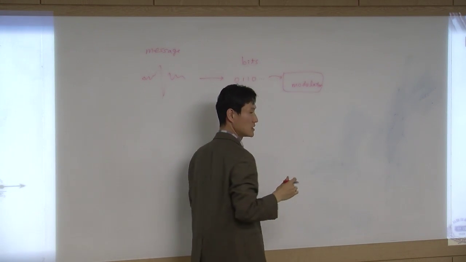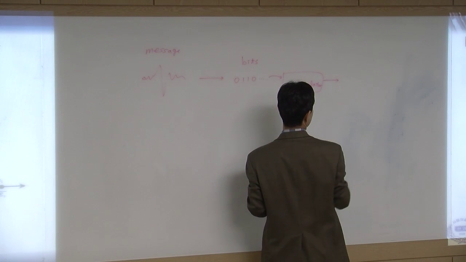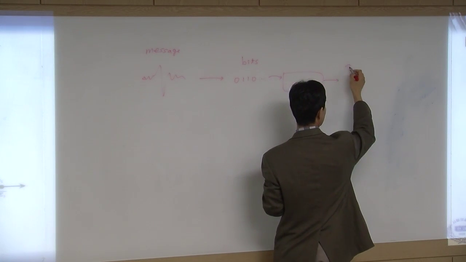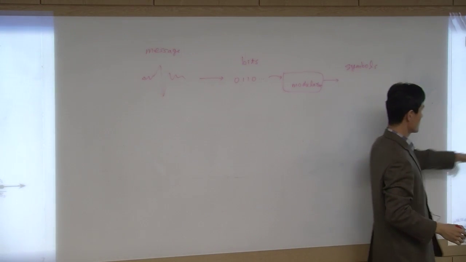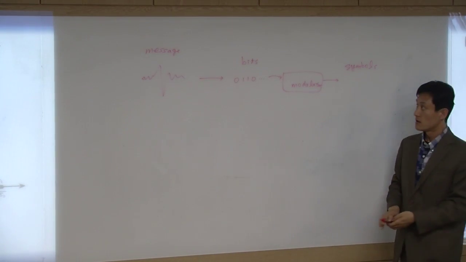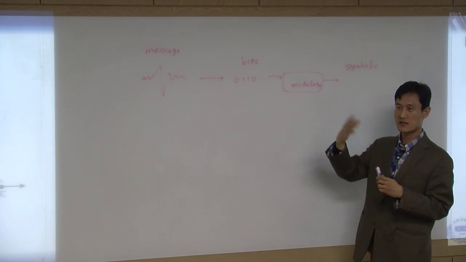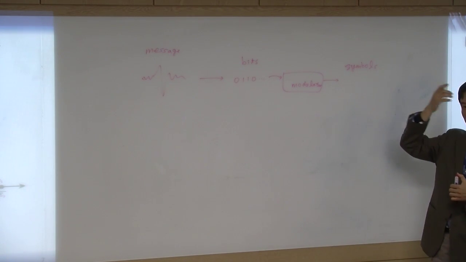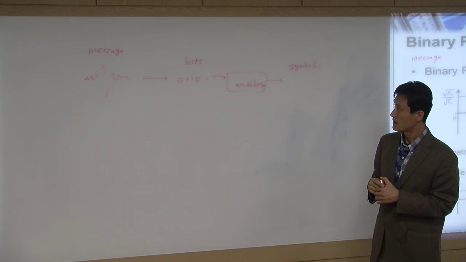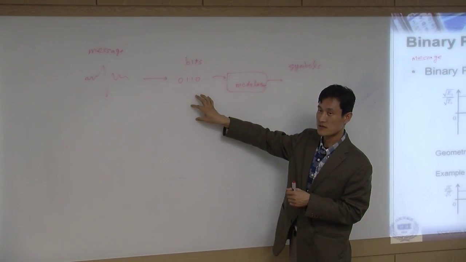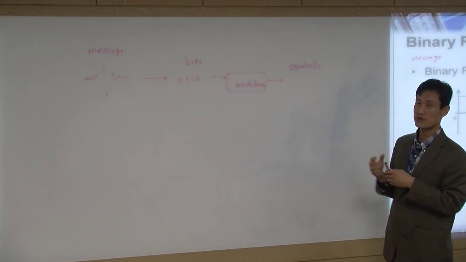This is like a digital modulator. Eventually, you're going to get symbols. That's what I call a symbol. So bits are not going to be transmitted. What you are transmitting is symbols. You are not going to transmit bits. So how do you convert bits into symbols?